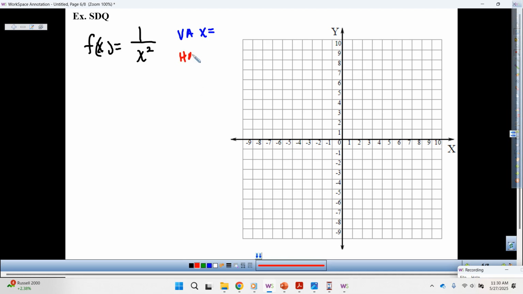And an HA. VA, we set the denominator equal to 0, x equals what? 0. HA, is there anything here? No, so it's still 0.